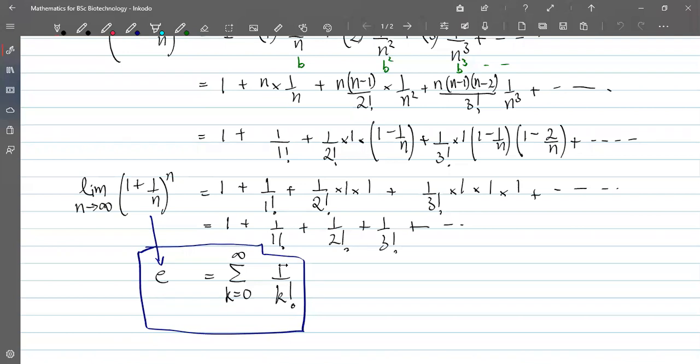Okay, so it's actually 2.71 something. You can see that no matter how many terms you add, the value is never going to cross 3.